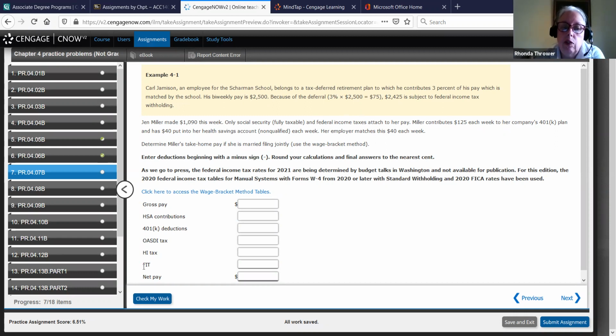So the two main things in this problem, before you can figure out what your federal income tax is going to be, which is what they're asking you to do here, is to determine whether this amount is taxable. And if you're contributing to a 401k plan, usually that comes out of your paycheck before any federal taxes are taken out.